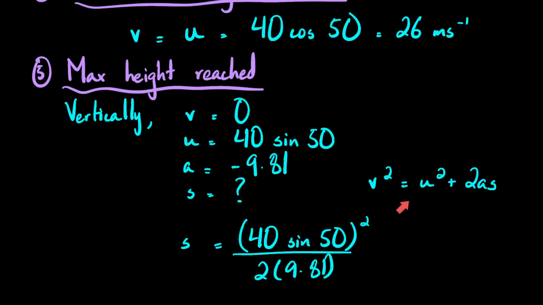When I take this there, it would also have a negative sign, so that would cancel out with the negative sign due to the acceleration, and this turns out to be 47.9, or just to 2SF, 48 meters. So this is the maximum height it reaches vertically.